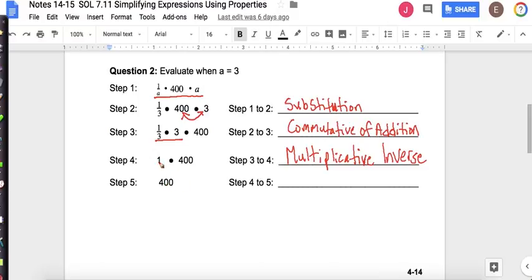And then the last step, 1 times 400 got replaced with a 400. So anytime you multiply a number by 1 and get the exact same number, that is the multiplicative identity.